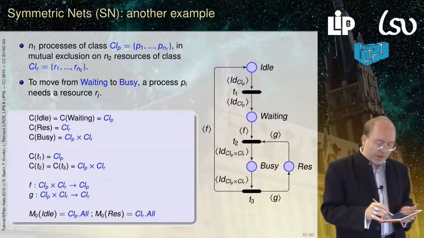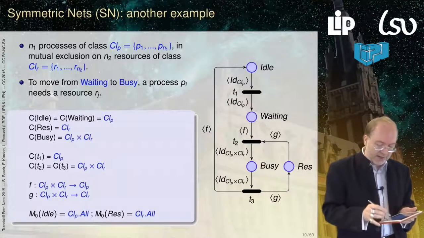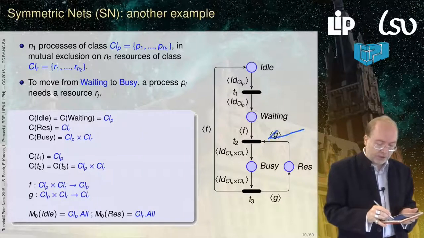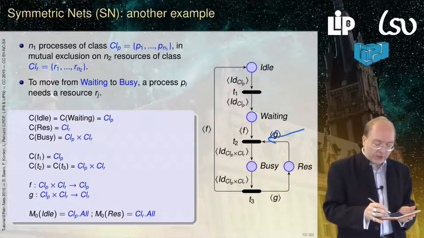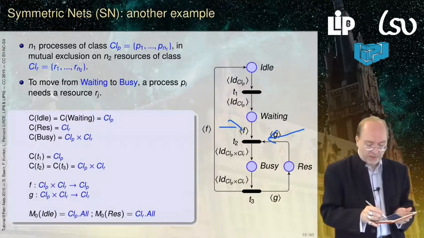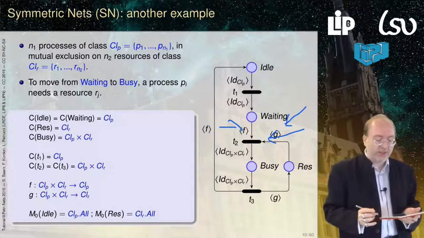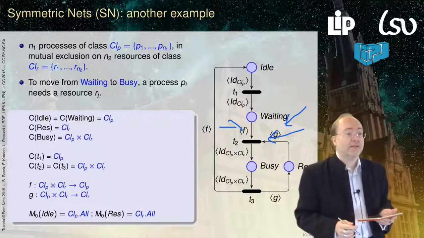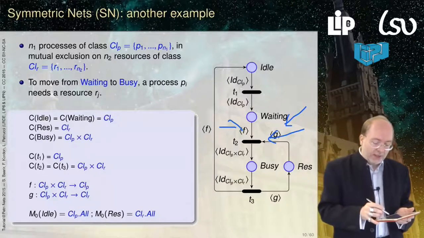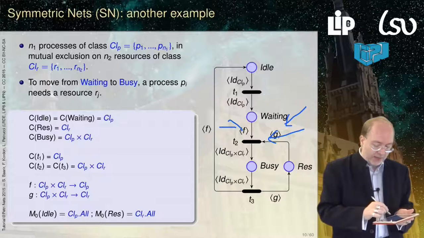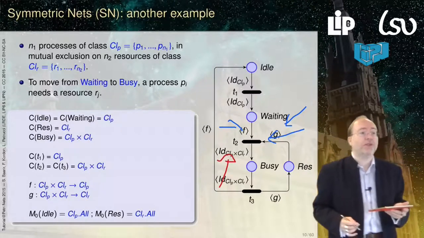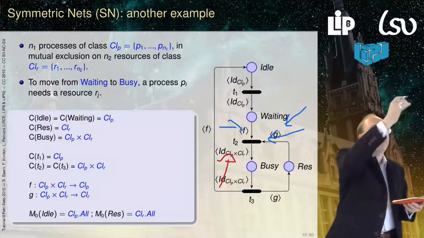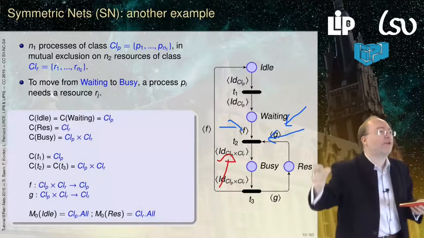So here, it's interesting because if I consider transition T2, transition T2 takes one F from weighting, one G, it's hidden here, from rest, okay, and it will generate in busy a Cartesian product, so associating the process F with the resource G.